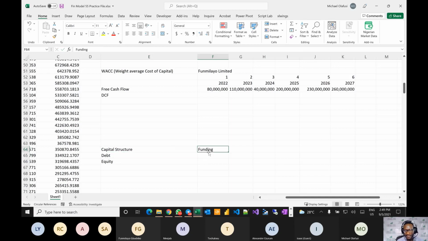You have a 60 million naira loan that you took, and you put in 40 million naira of your own equity, or family and friends put in this. So you have 60% debt, 40% equity.